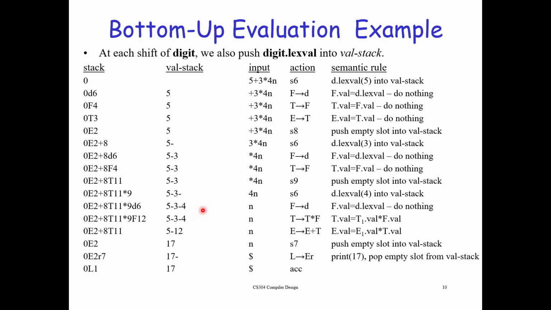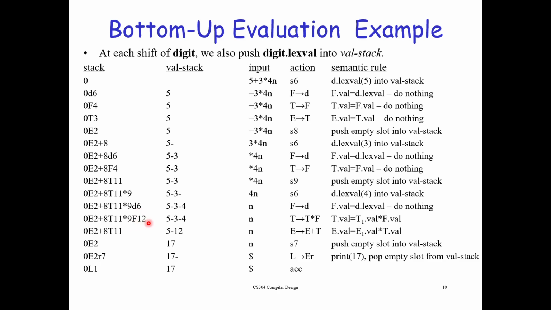Then again 6 under star, it might be F gives D, which means again digit. You have to pop the 2 symbols D and 6, then push F onto the stack.